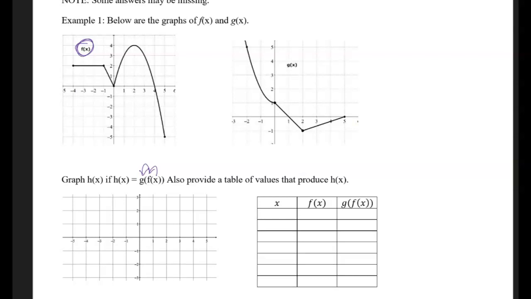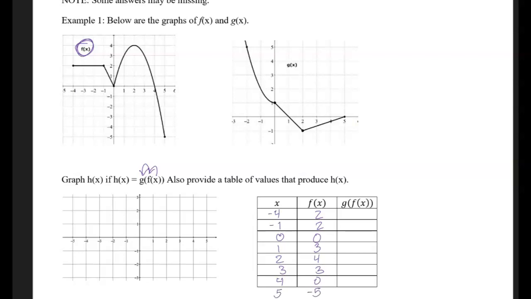So I'm just going to write down each of those perfect points I have, and you always go left to right, least x value to greatest x value. So you have -4, 2, you have -1, 2, you have 0, 0, you have 1, 3, 2, 4, 3, 3, 4, 0, and way down there, 5, -5.